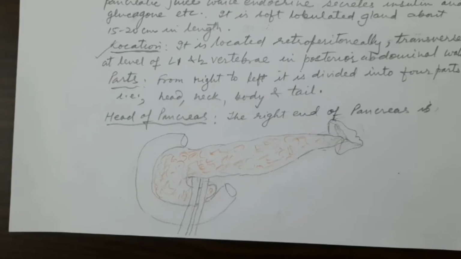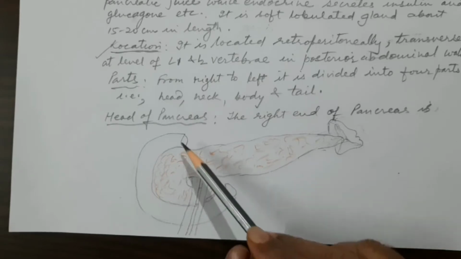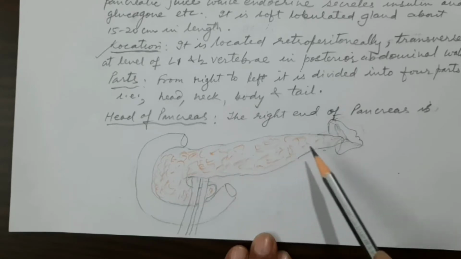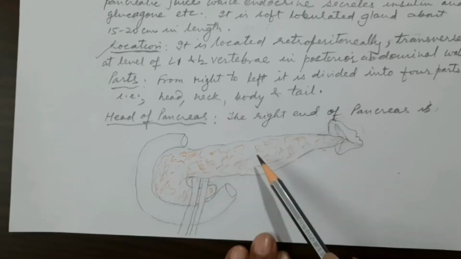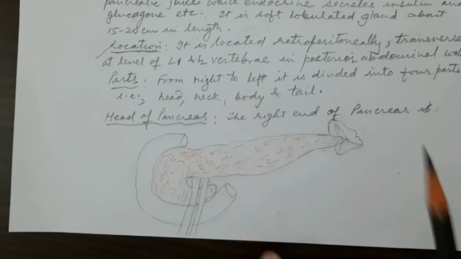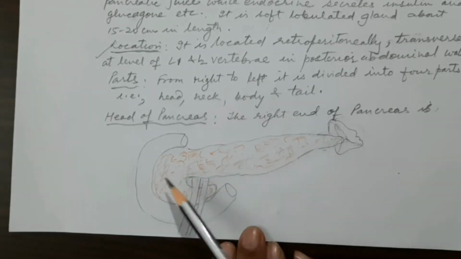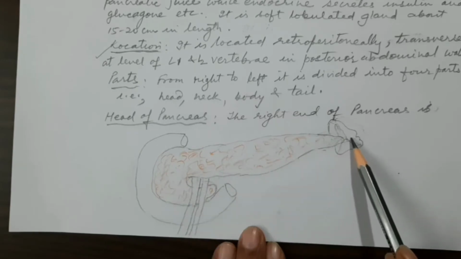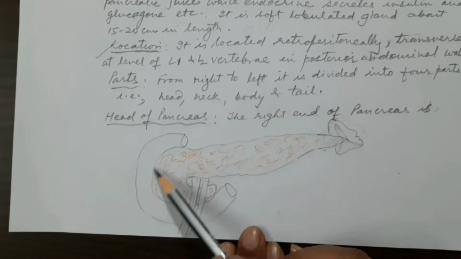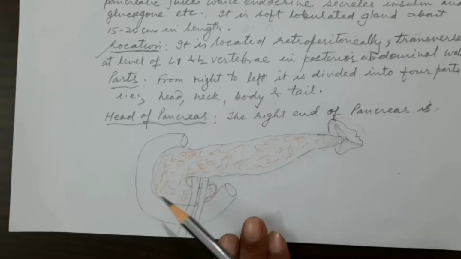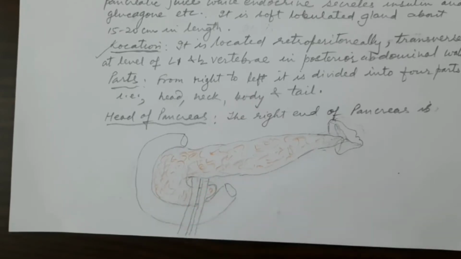Since we are here limiting our description to the head of the pancreas, we will not learn about the neck, body, and the tail part of the pancreas. But you can see in this diagram that the gland goes from right to left, where the spleen is present on the left, and the duodenum on the right, and in the concavity of the duodenum the head is there.